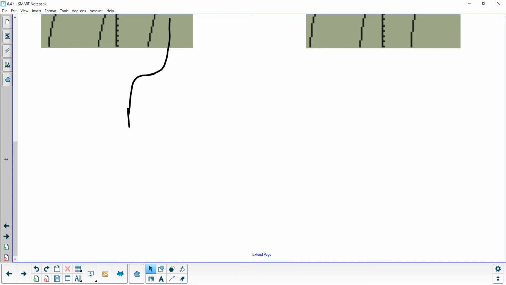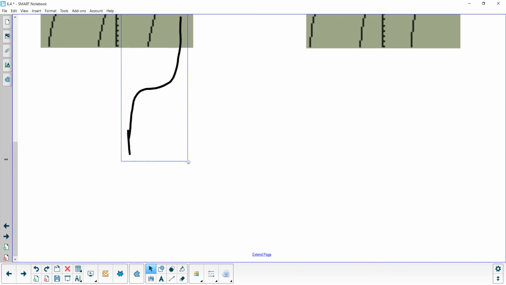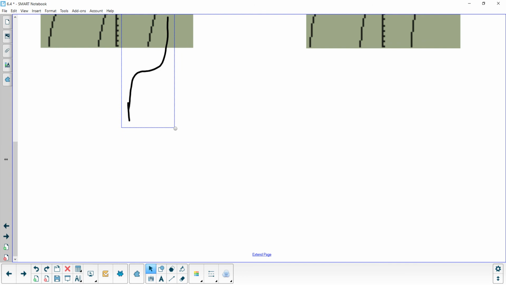If I take that graph and stretch it vertically, it would start to straighten out. The curve in the middle would get less pronounced the more I stretch it.